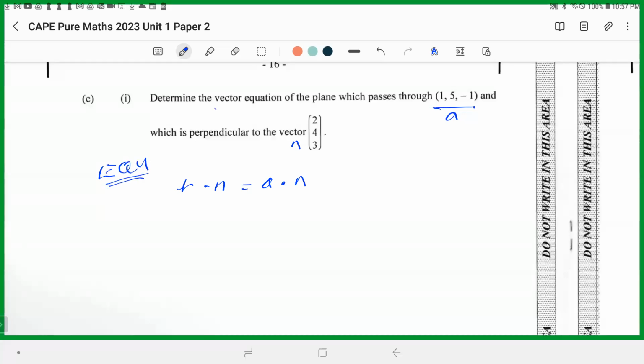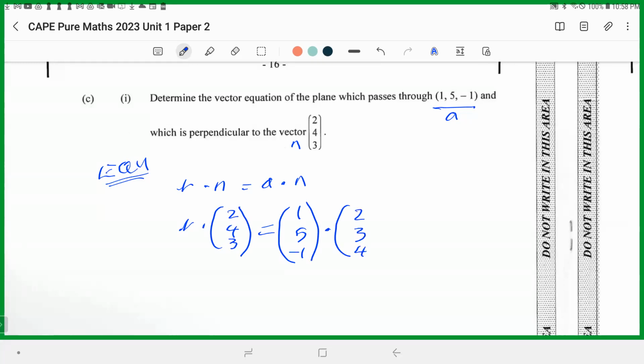So the R, and it's a vector equation, so I have to leave the R in it. All right. So it becomes R dot, and the N is this, 2, 4, 3, equals, the A now is this point, 1, 5, -1, dot N. This N is 2, 4, 3, just the same.